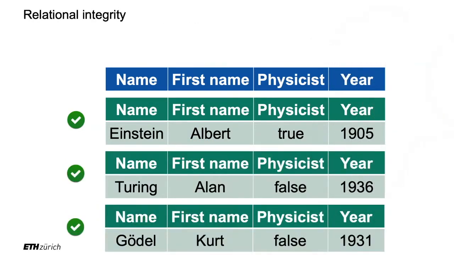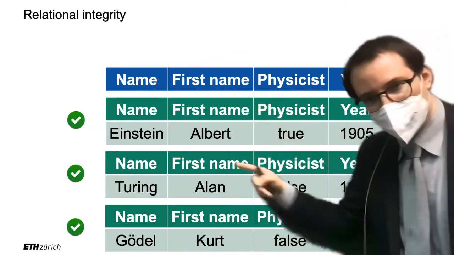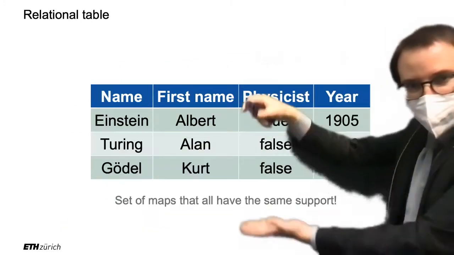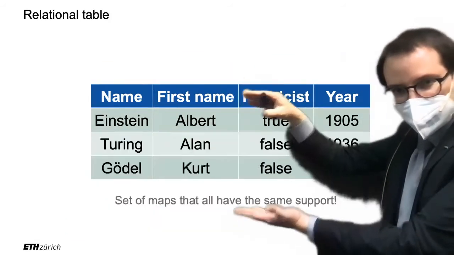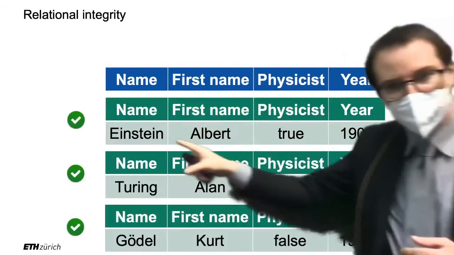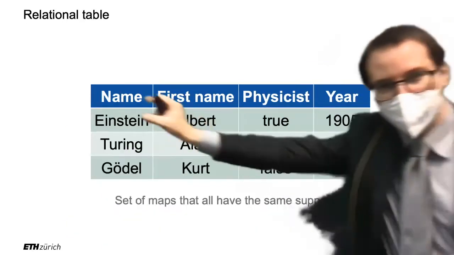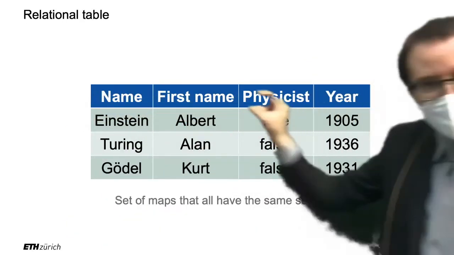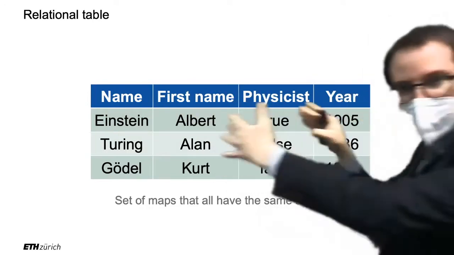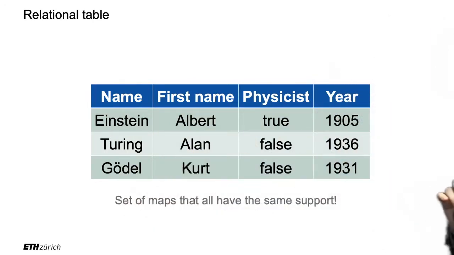These do. If you take these 3 records, 1, 2, 3, you can actually assemble that into a table like this, right? And then, since they have the same support, you don't need to repeat the headers. It's always the same. So you just put it once, as you would do in Excel, right? These are your headers. And then you have here the records.